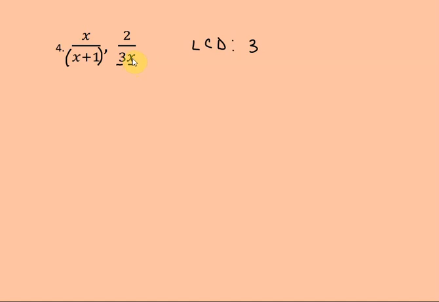So I'm going to include the x in my least common denominator. And then I also have to include the x plus 1. So we have to include every different type of factor in our least common denominator. So 3x times x plus 1 would be my least common denominator.